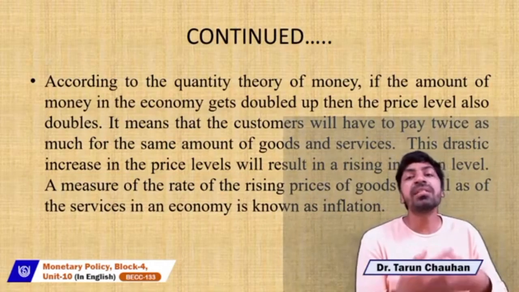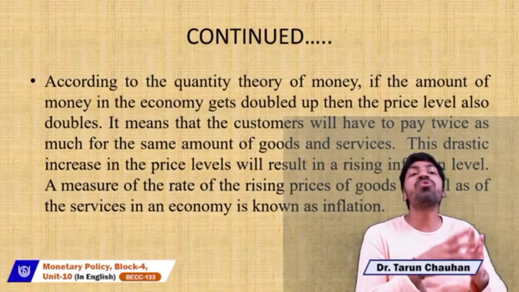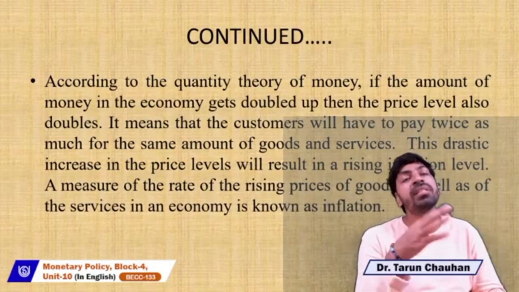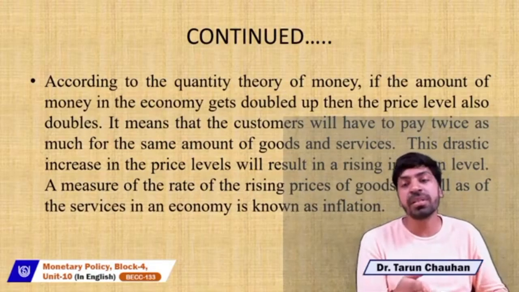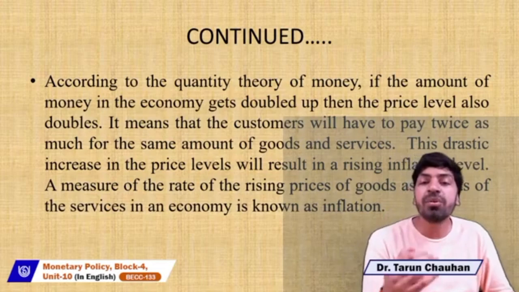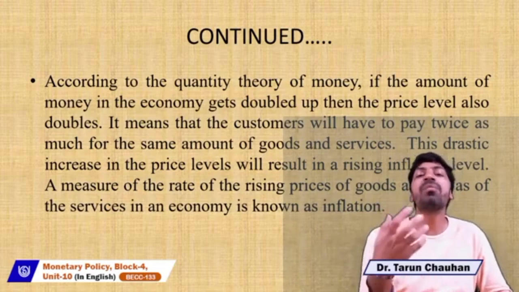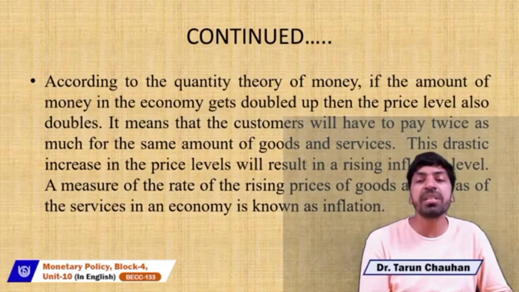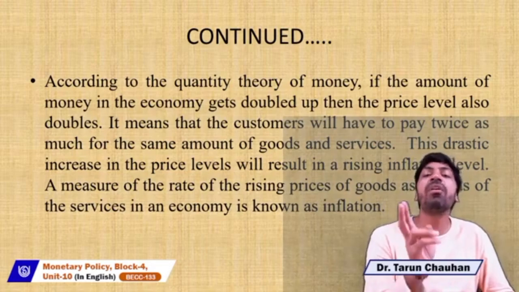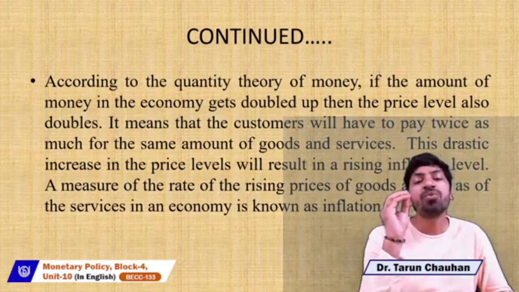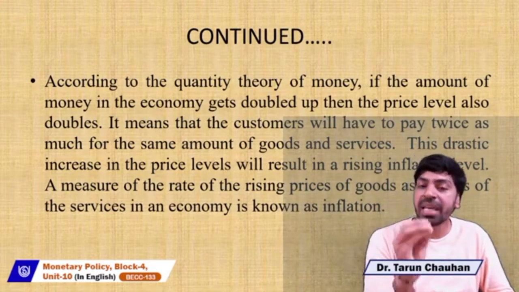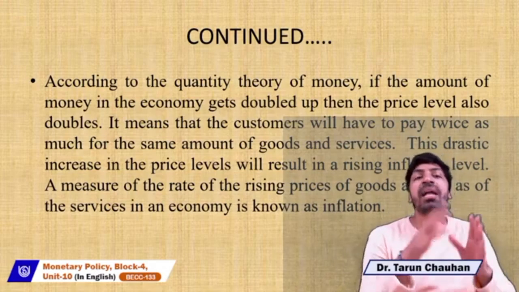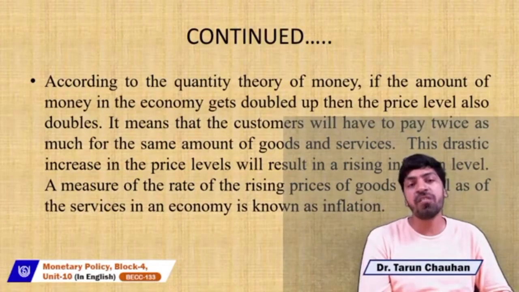It means the customer will have to pay twice as much for the same amount of goods and services. That means if the consumer would like to buy any goods and services, they have to pay twice for the same amount.